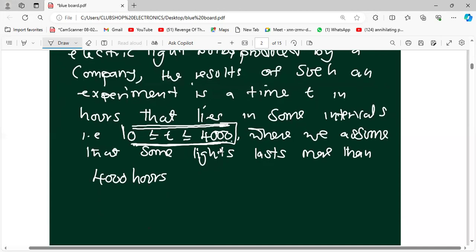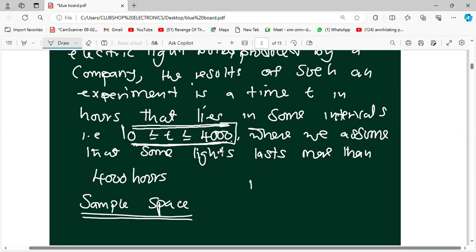Then the next concept that we must understand, like I mentioned earlier on, is the sample space. So if you look at an example that we already had, where we talked about you tossing a coin twice, and we said we have got four possible outcomes.